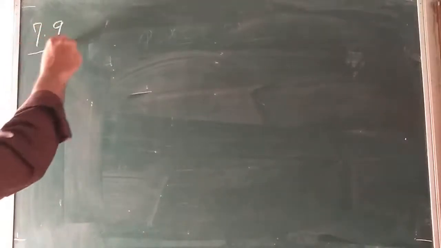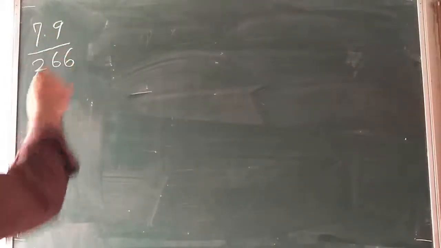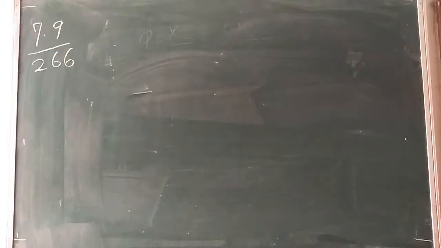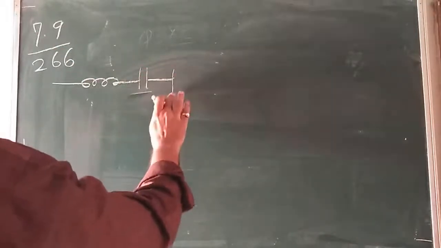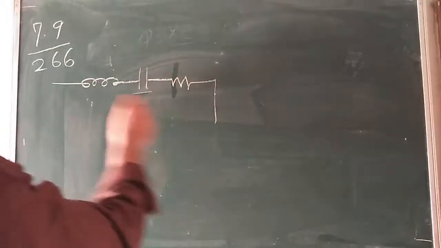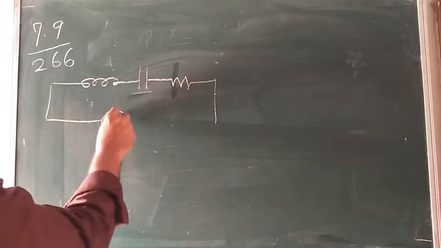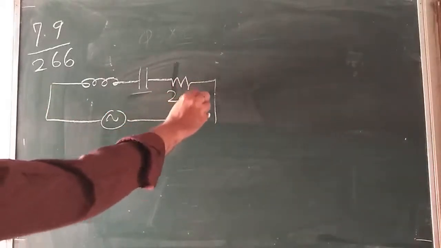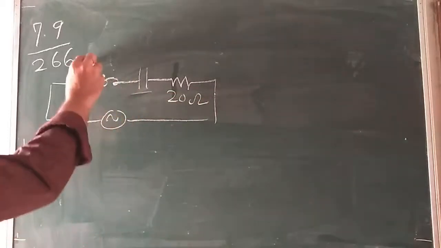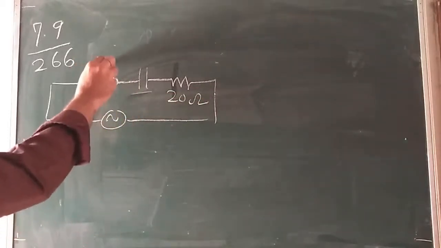So now dear children, see the next question. Say the question number 7.9 of your NCERT textbook, page number 266. A series LCR circuit, again L, C and R, here is R, is being connected to the alternating source of EMF. The value of resistance is 20 ohm. The value of inductance is 1.5 Henry.